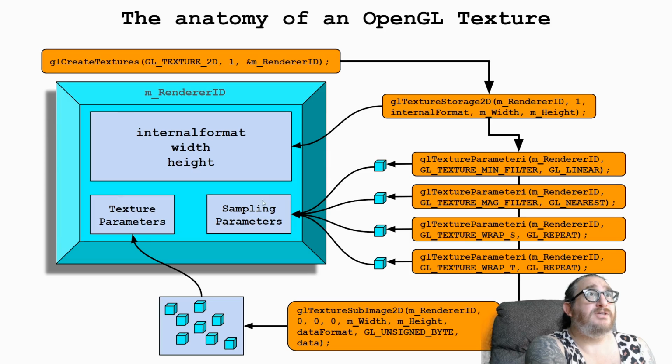So how do we get all of this into this object, and how do we create the object in the first place? It all starts with glCreateTextures. I'm going to go through each of these functions, and at the end we'll come back to this image and review.